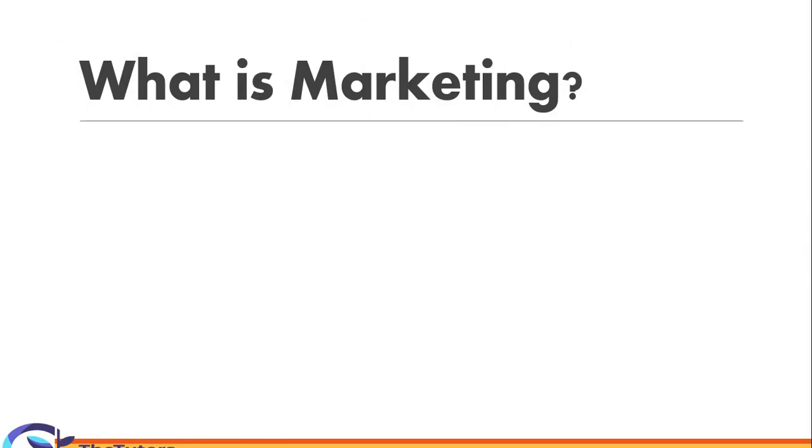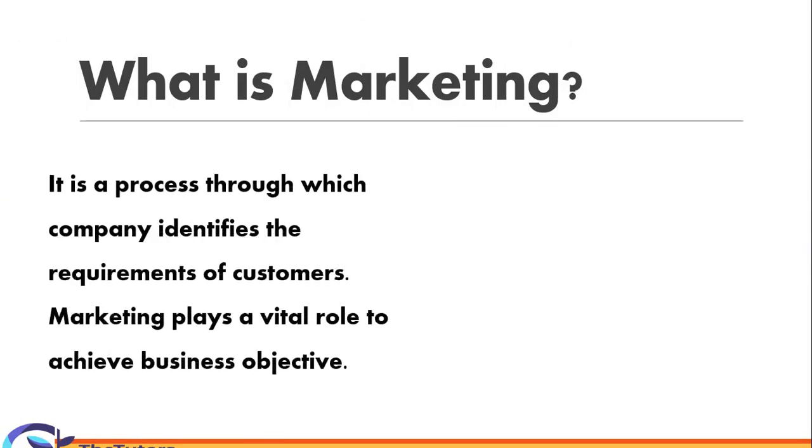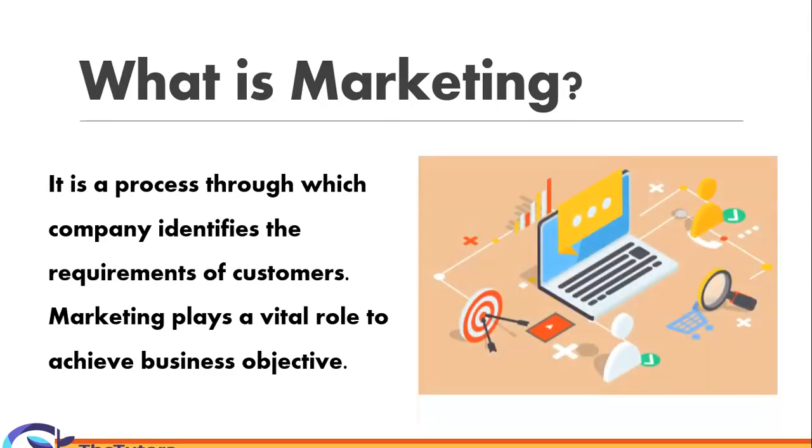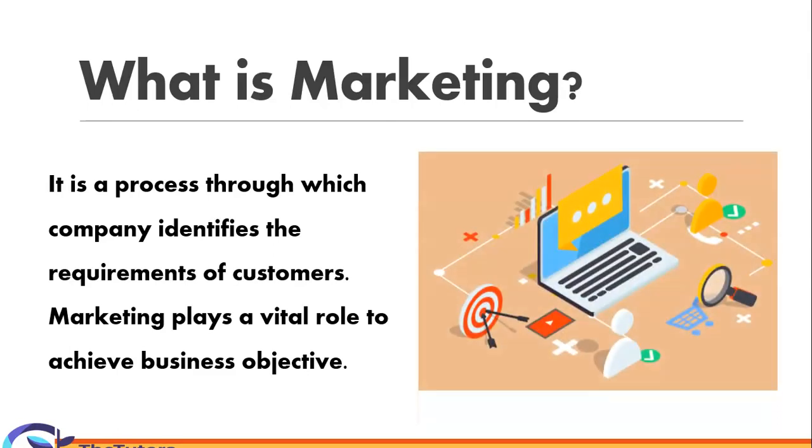Okay, so what is actual marketing? Marketing is actually a process through which a business tries to identify what customers are looking for, and then the business will try to manufacture and produce those items which are actually required by the customers. Here they use a lot of processes, different techniques, different activities, and different people are involved.